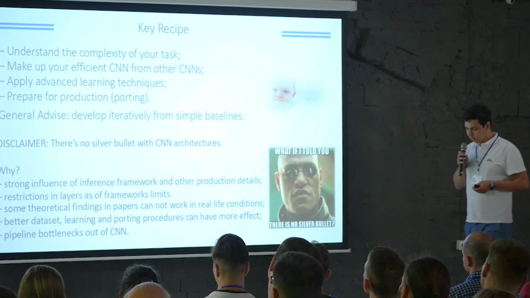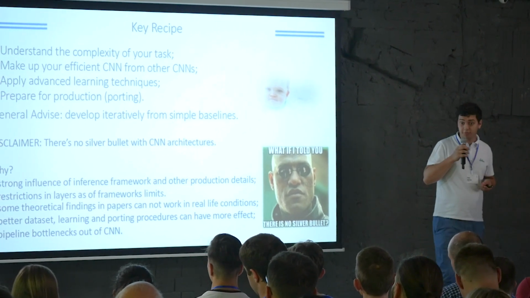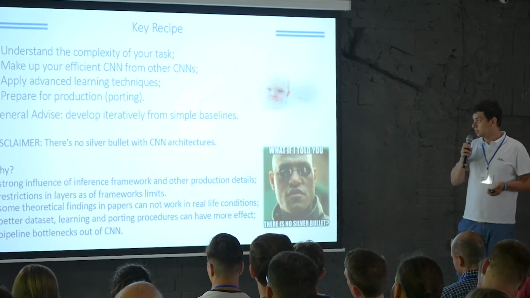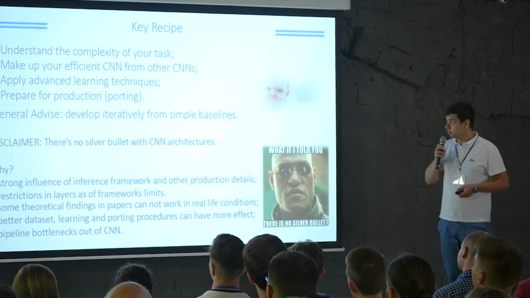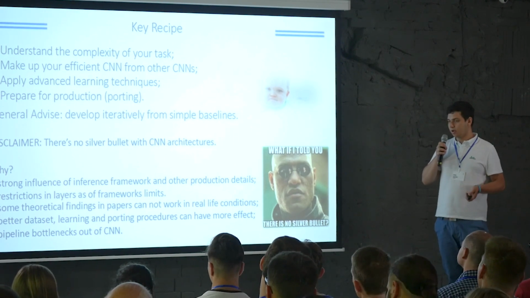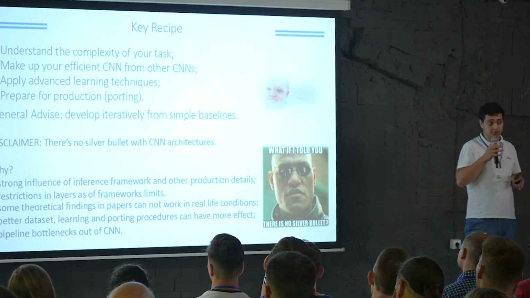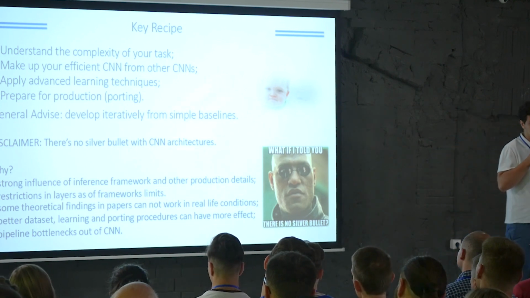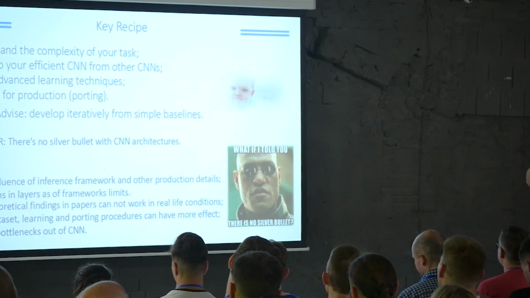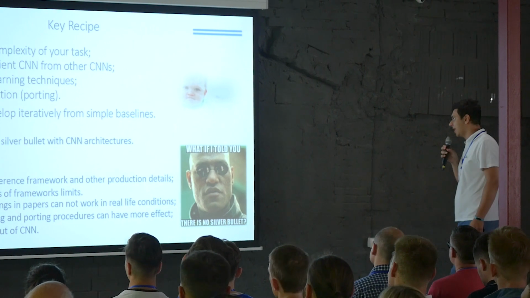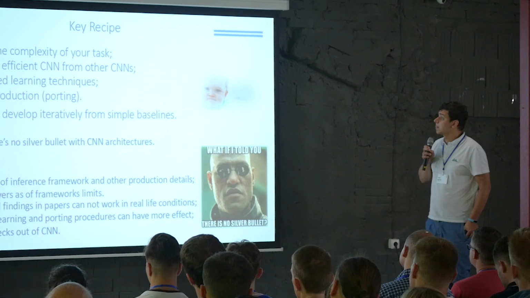Then you try to use an efficient known architecture for mobiles, and when you get the first baseline, you try to improve some learning details. And when you have a very good net, you can put it into production and use such techniques as quantization. And in practice, it really helps even more than tuning architectures.